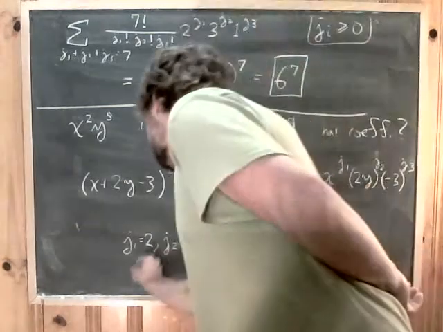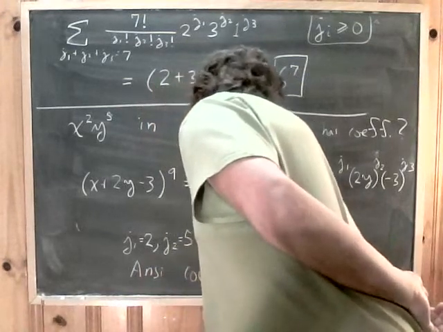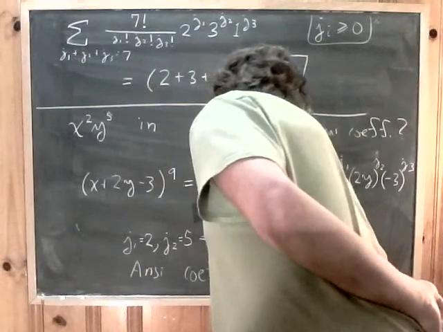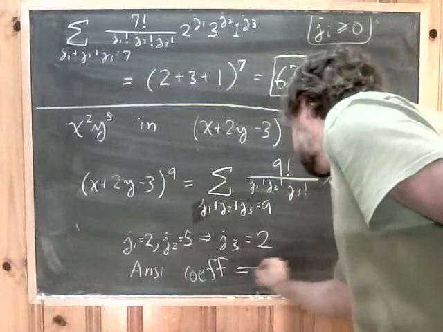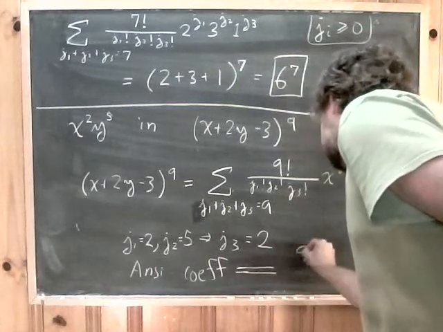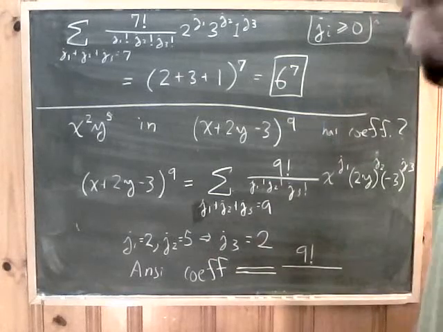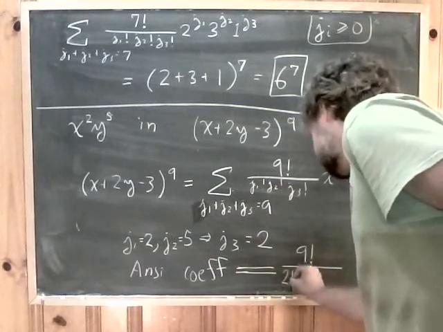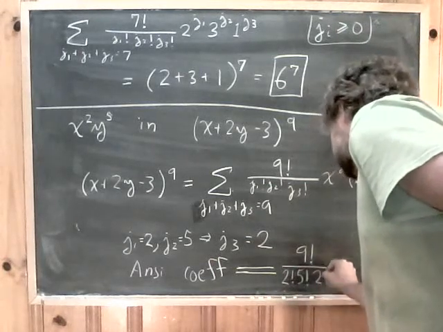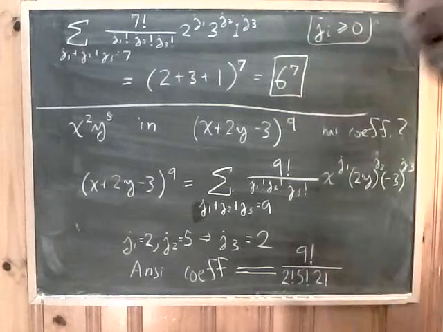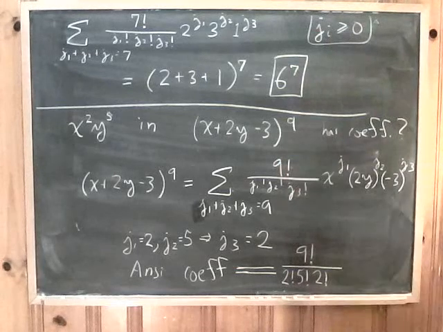So the answer, the coefficient, is equal to, let me draw it over here, 9 factorial over the 3 numbers, 2 factorial, 5 factorial, and 2 factorial. And then I don't want to forget these extra numbers that came from the original terms in the multinomial.